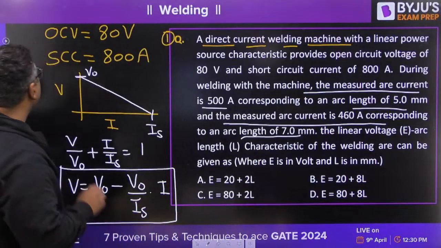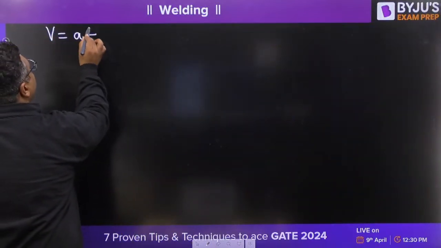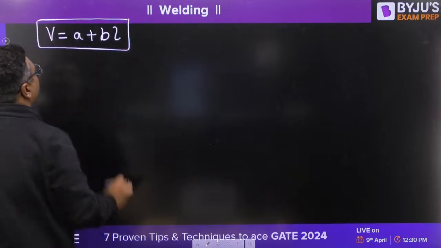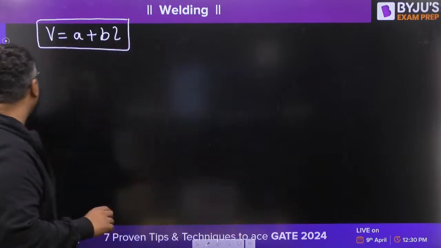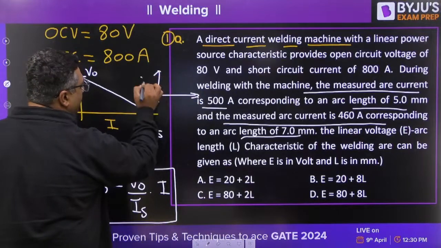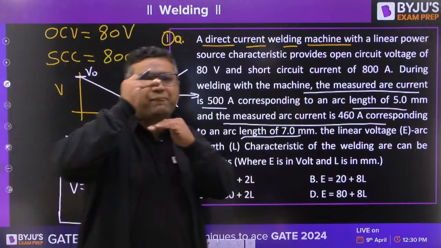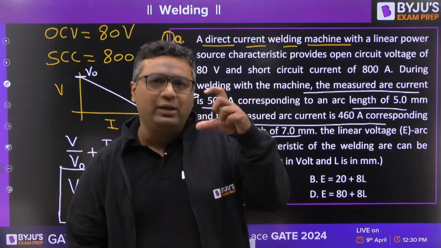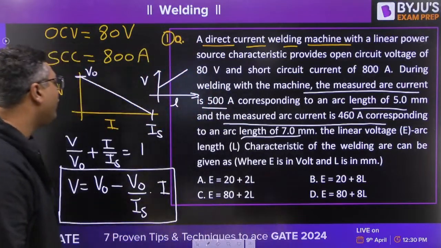We know one thing, that the relation is given: V equals A plus BL. This is the relation between voltage and arc length, and we just need to calculate A and B. We are aware of the voltage-arc length characteristic, because the more the gap, the more voltage will be required: more gap means more resistance, so we will require more voltage for the flow of current.